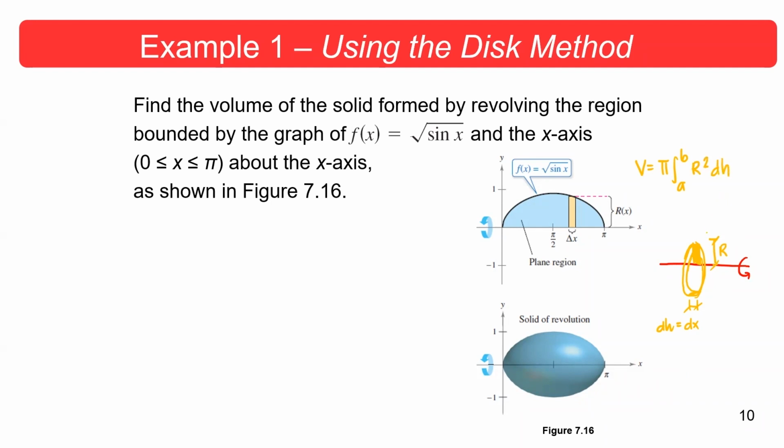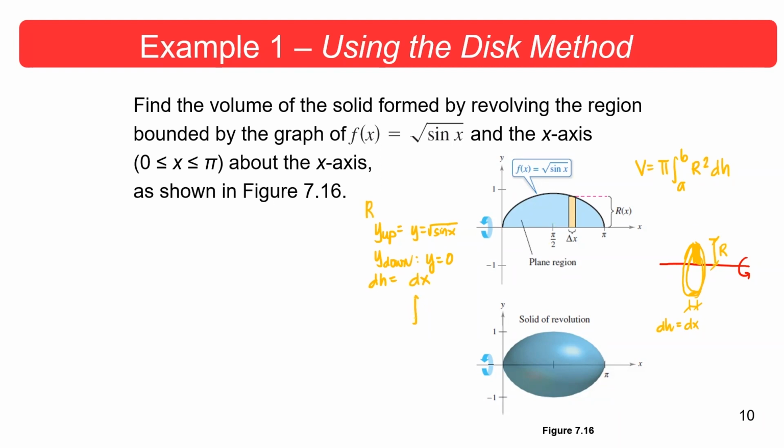dh. So in our case, what is the value for r? R is vertical. So that means y up minus y down. The y up is y equals the square root of sine of x. Y down touches the x-axis, so y equals 0. Your dh is equal to dx.